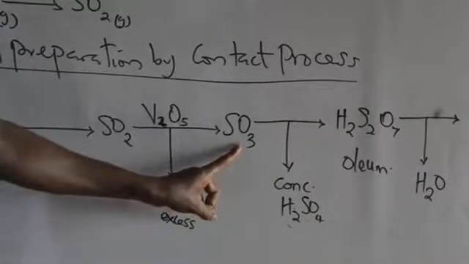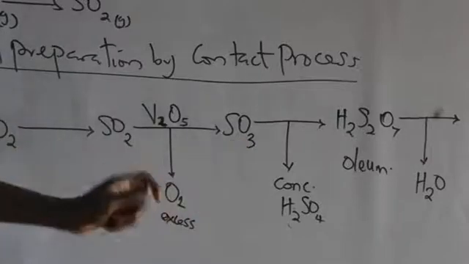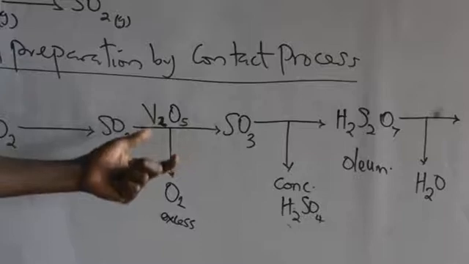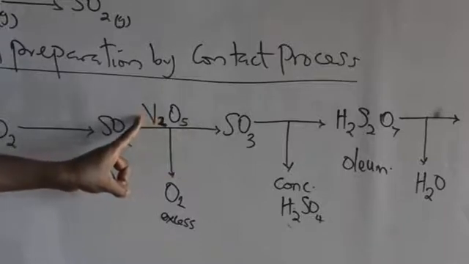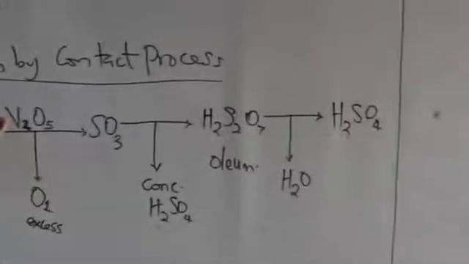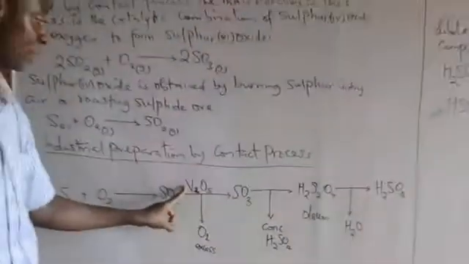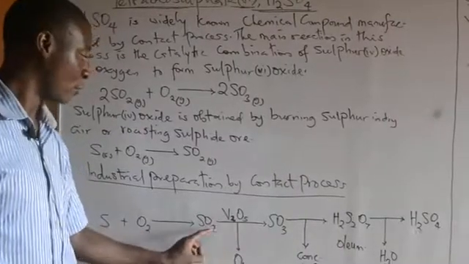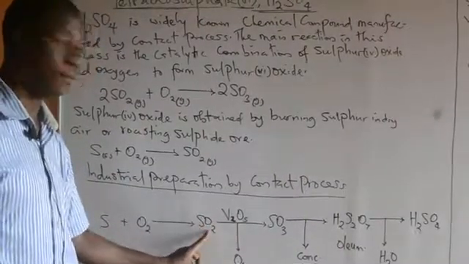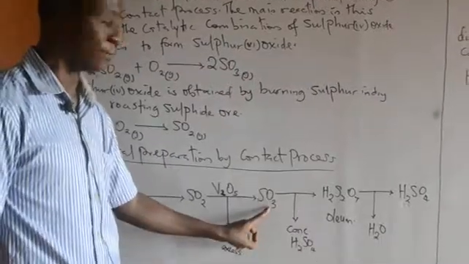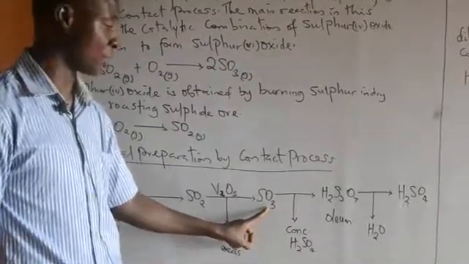So you bring in a catalyst to speed it up, which is vanadium 5 oxide, V2O5. Yes, it's a very good catalyst for this process. So when you involve this catalyst, the reaction between sulfur 4 oxide and excess oxygen will lead to the formation of sulfur 6 oxide.